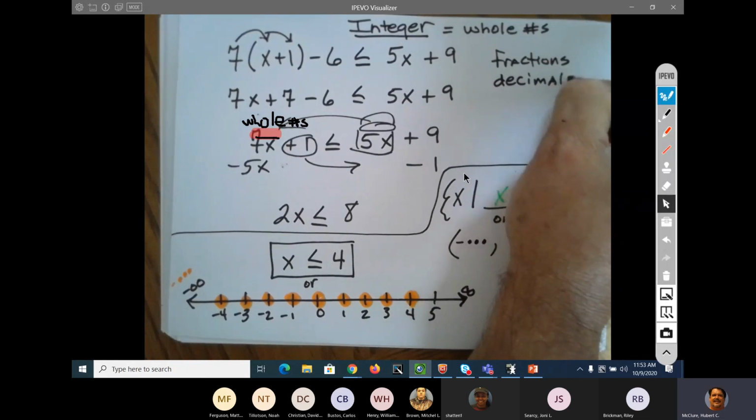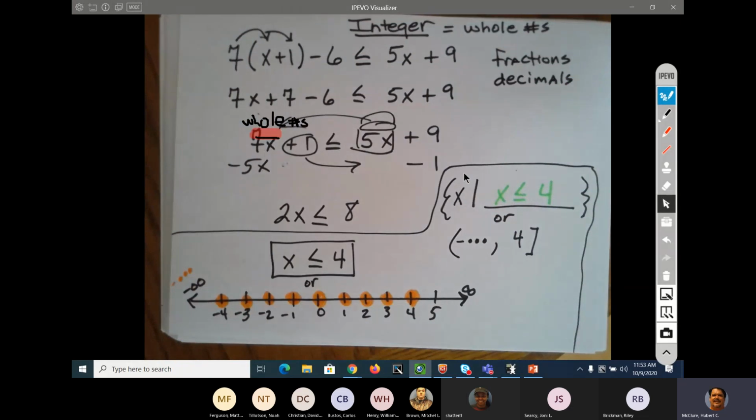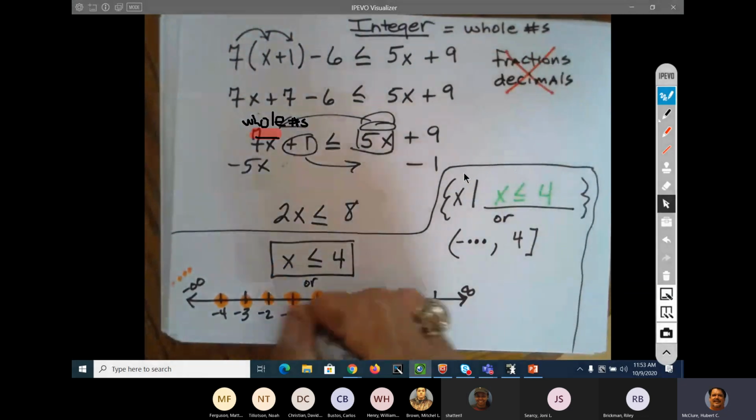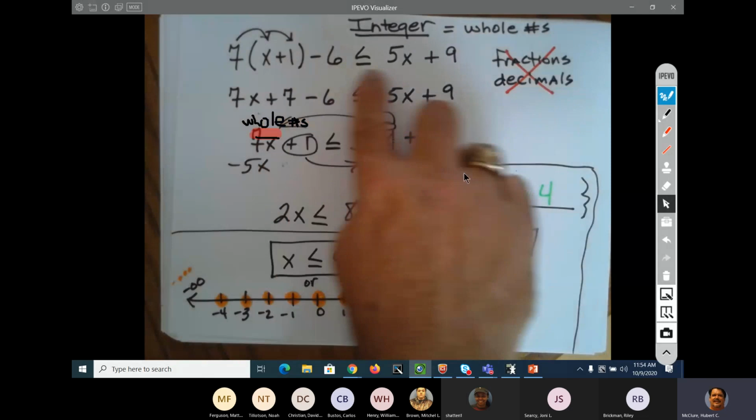So that takes away the areas between the hash marks. So you have to use these dots right here to say all the whole numbers from negative infinity to 4 will fit in this equation.